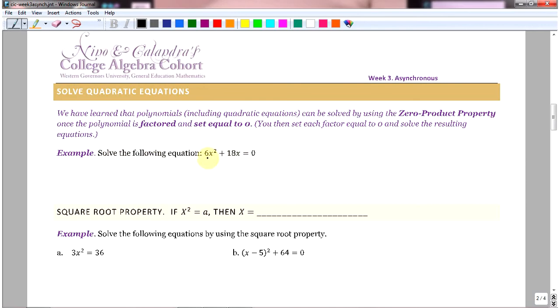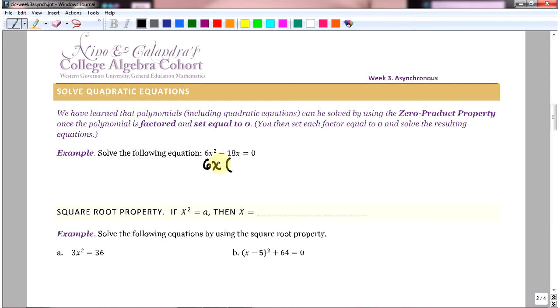So we need to factor out the greatest common factor. If we look at 6 and 18, the biggest number that we can take out of both of them is 6. If I look at x squared and x, they have x in common. So now in parentheses we write what we have left.